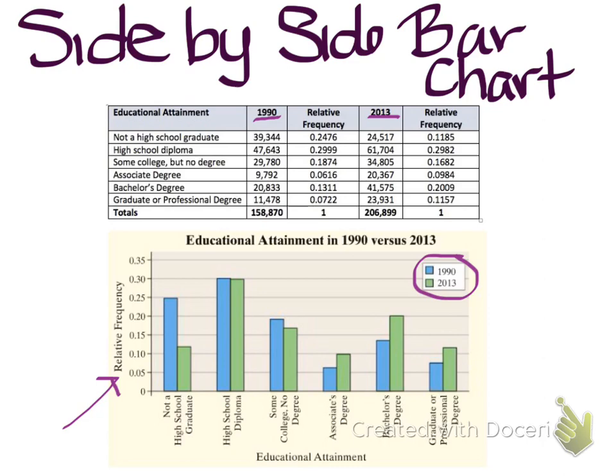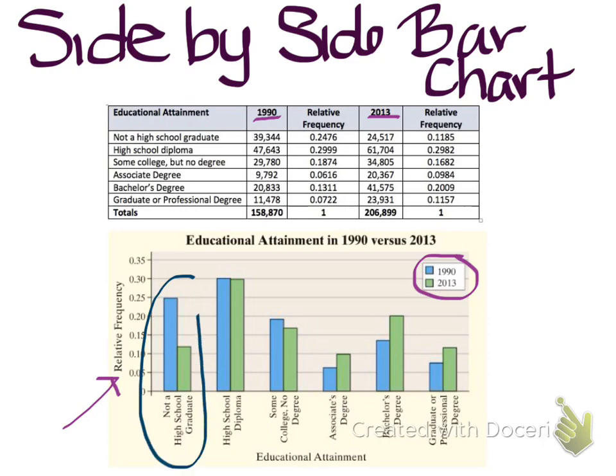Some really interesting questions I could ask are things like, which educational attainments did we see a decrease from 1990 to 2013? What we're looking for is, 1990 is in blue, 2013 is in green, so where did we see the green bar get shorter than the blue bar?